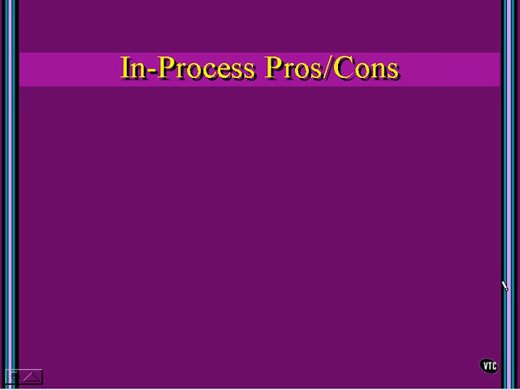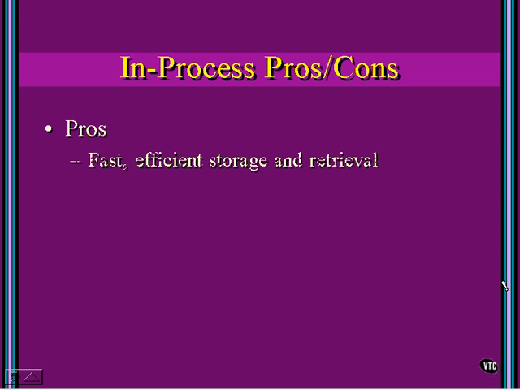So let's go through some of these advantages and disadvantages and talk about them. On in process, if I'm going to store them in the same process as my web application, then that's cool in some ways. This is the default in ASP.NET. If you've never messed with any kind of settings on your state management, then you're doing in process.